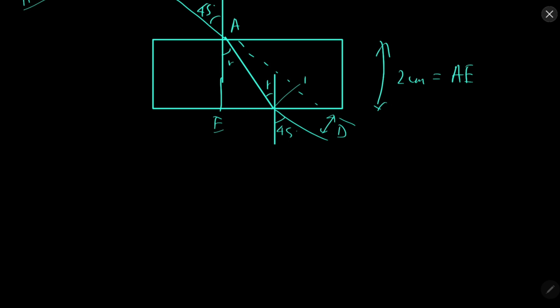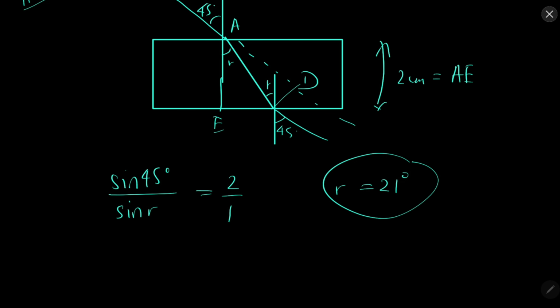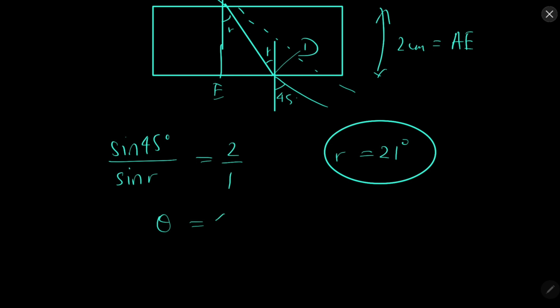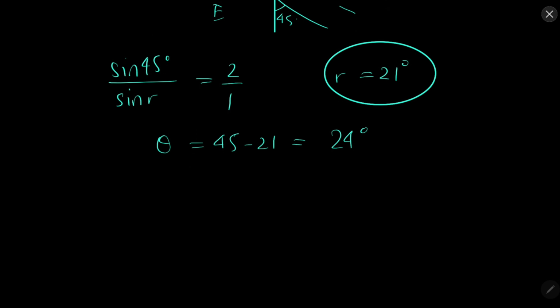So ultimately sine 45 degree over sine R equals 2 by 1, R will come out to be 21 degree. Theta will be 45 minus 21, 24 degree.